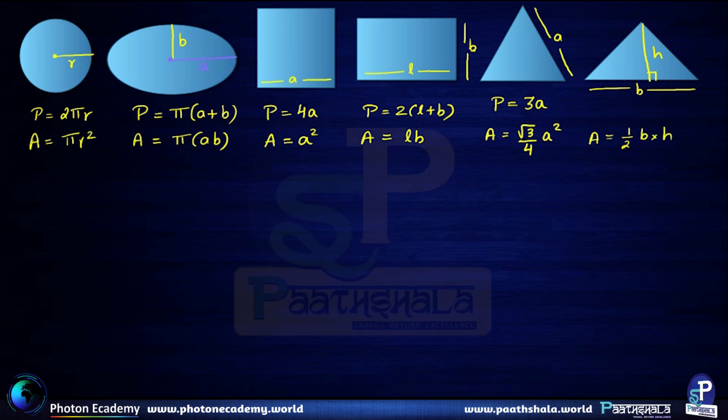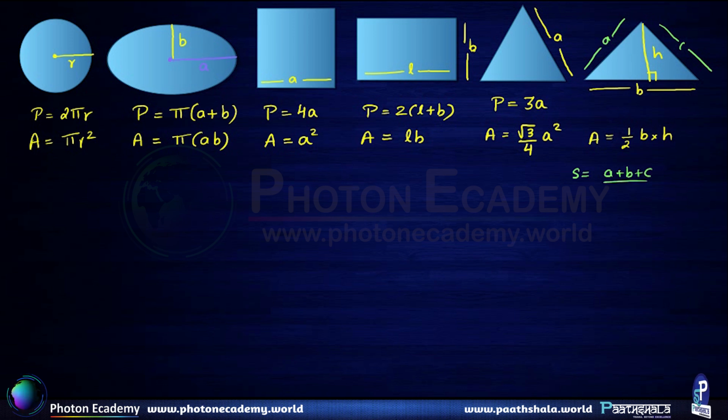If all the three sides are given and they are specified as A, B and C, then we define the semi-perimeter S to be equal to A plus B plus C divided by 2, and we have another formula for area of this triangle, which is equal to under root S, S minus A, S minus B and S minus C.